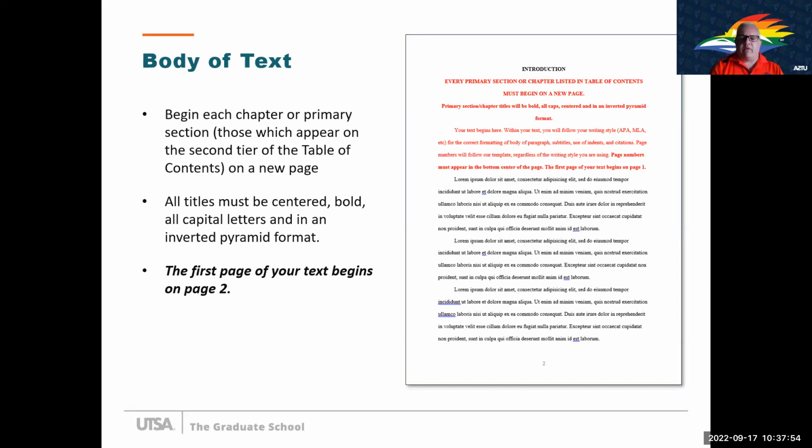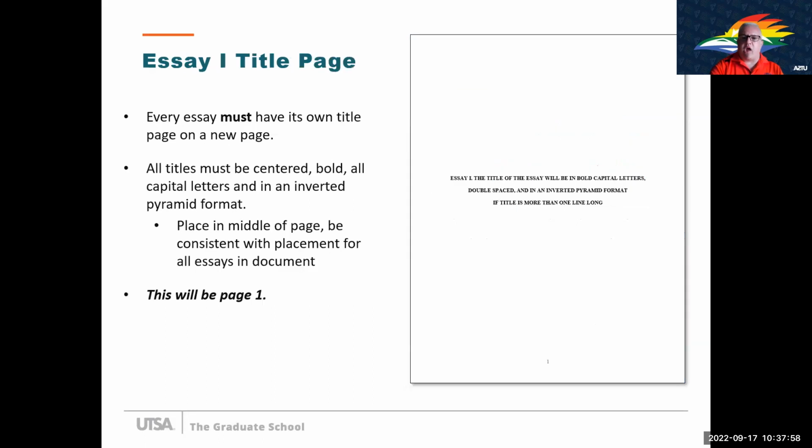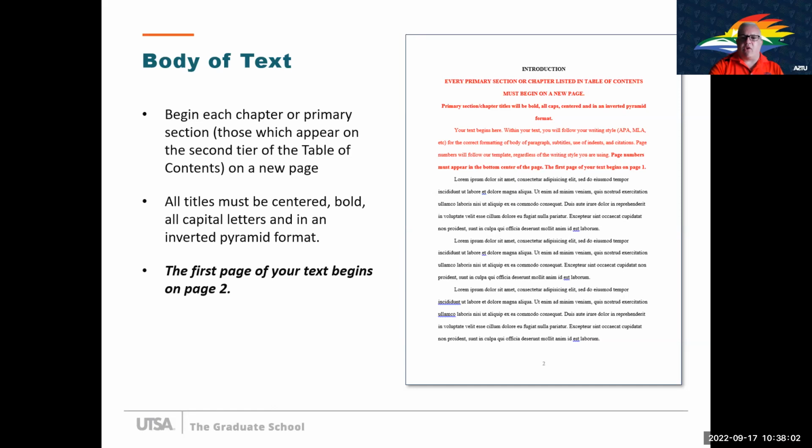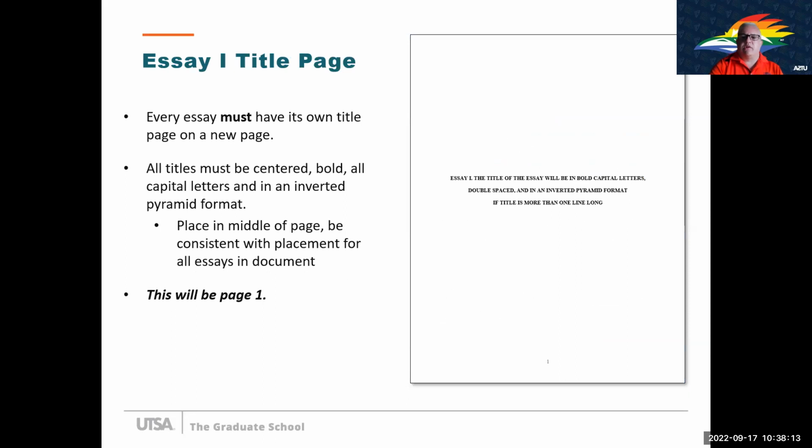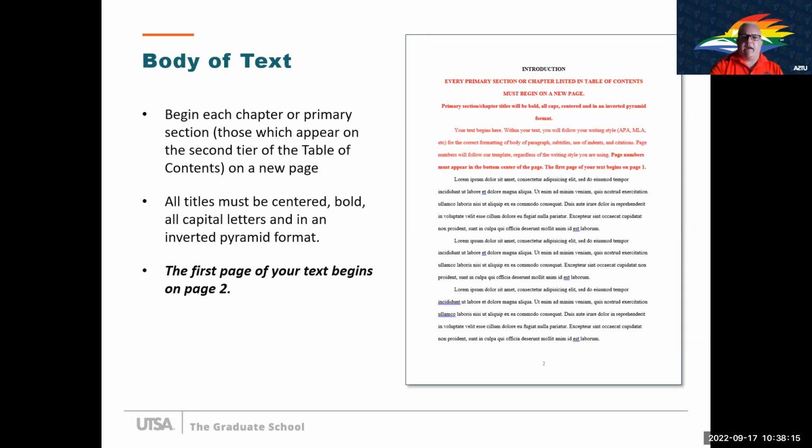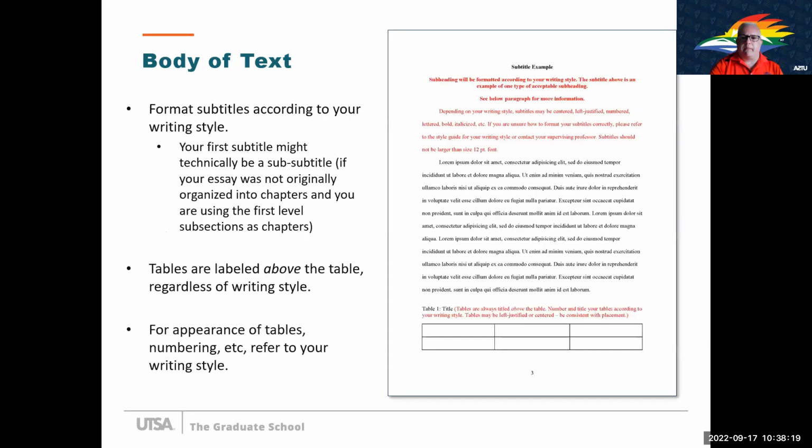Now, one of the things that some people have done is that they'll not only have the title here, but then they'll have the title here. So instead of introduction or whatever you're going to call this, they would have essay 1 again, and we only need it once on its own page to introduce the essay.